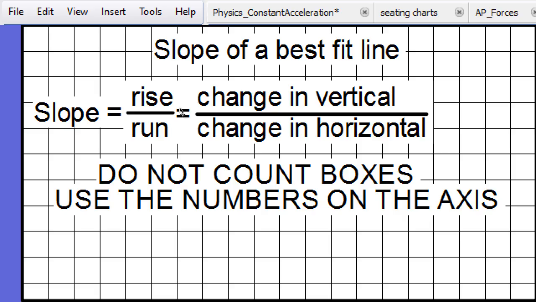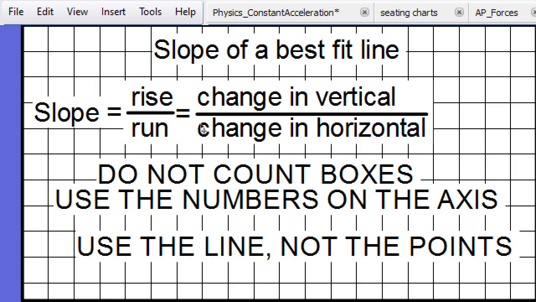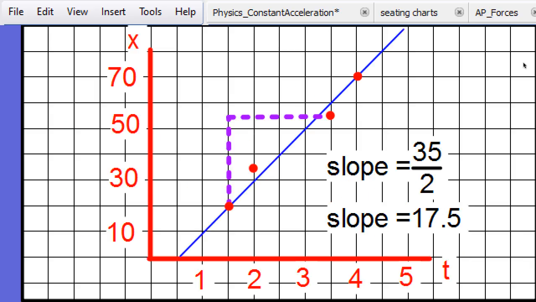The other thing that people did wrong is you used your data points instead of the best fit line. This is the slope of your best fit line, so you really do need to use the line and not your data points. Some examples. So here I have my graph.